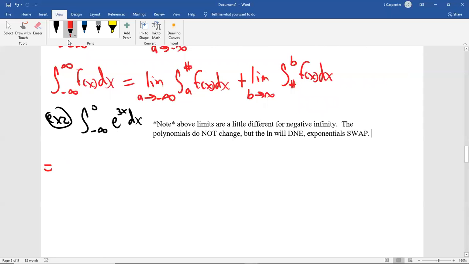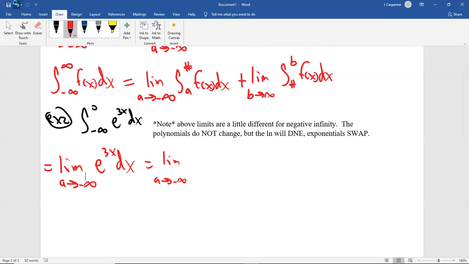Equals. I see an infinity, so I have to introduce a limit. As not b, a. I can use b, but I want to be more appropriate. As a goes to negative infinity, and I won't forget my negative this time, of the integral of e to the 3x dx. So this will be the limit as a goes to negative infinity. Well, this is a nice simple integrand.